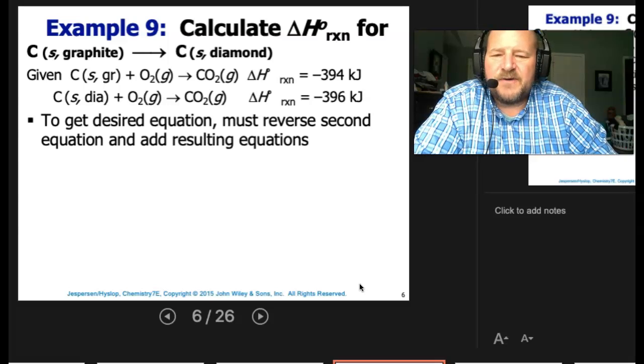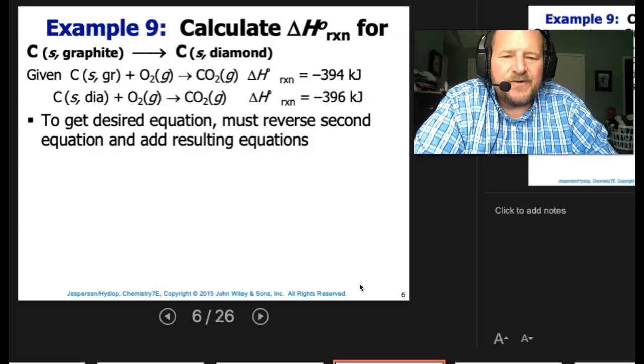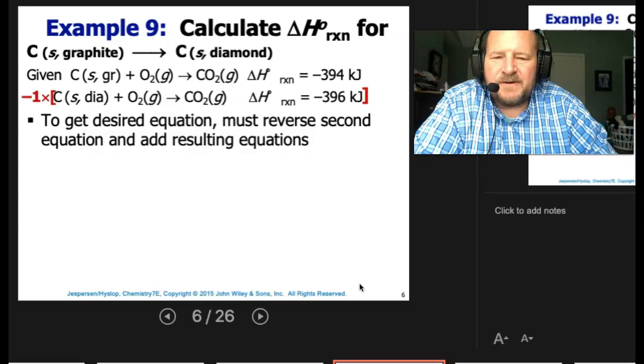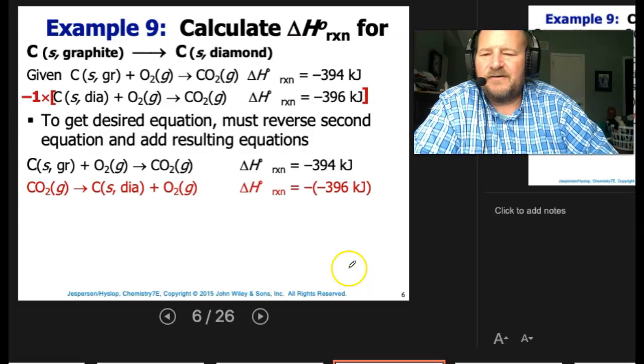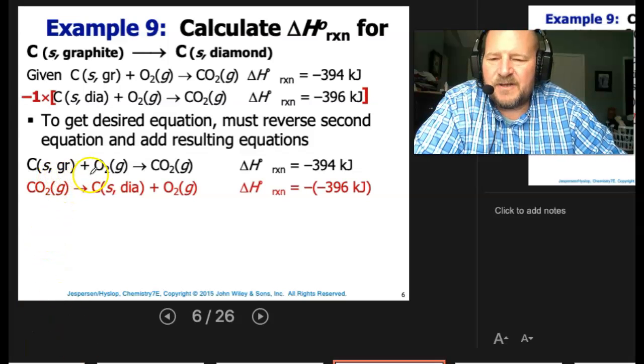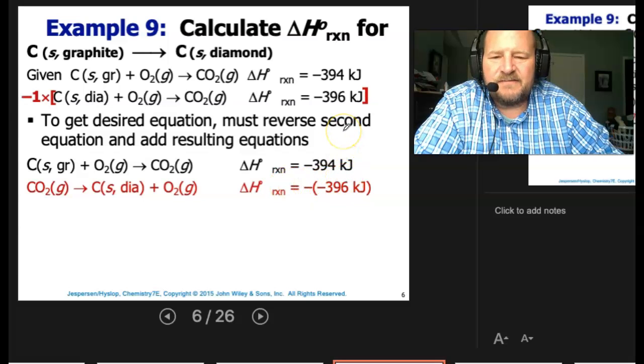To get the desired equation, we must reverse the second equation and then add the resulting equations. So in other words, I want to multiply this one by negative 1. So now I've got carbon solid plus O2 going to CO2 gas, and now I have CO2 gas going to carbon plus O2. That means I'm also going to reverse the sign.